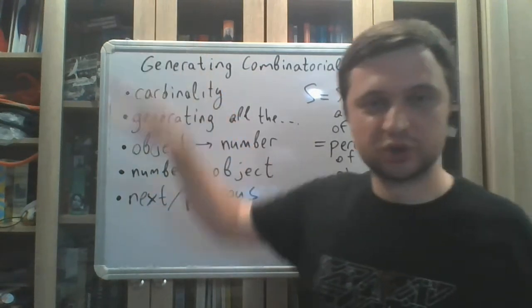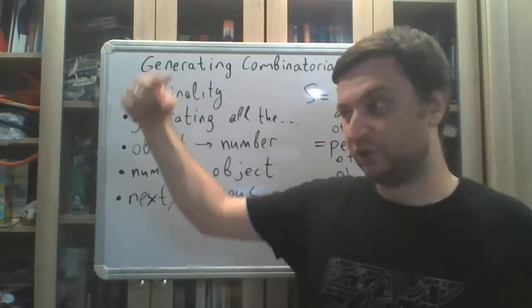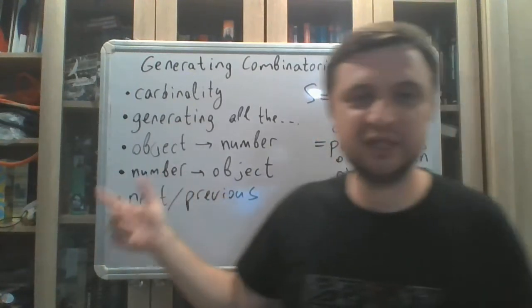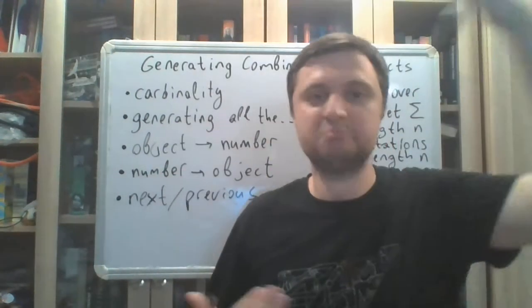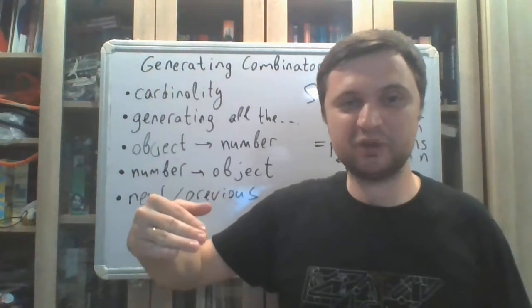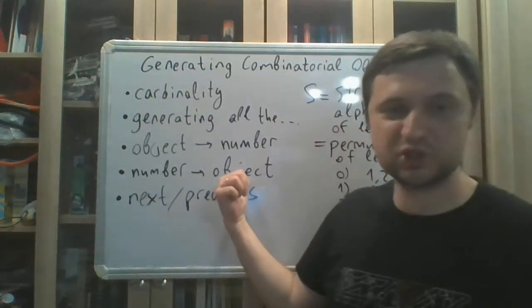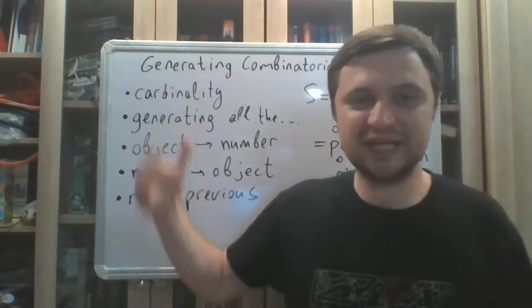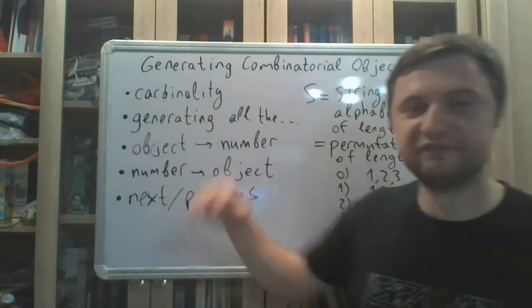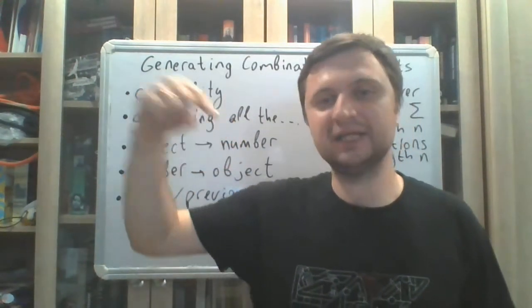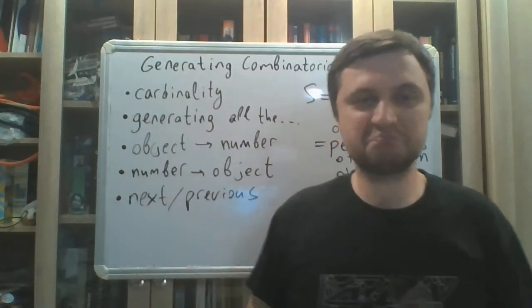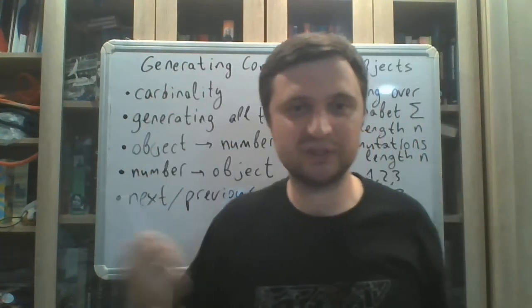You search over all your objects and then find the number of your object. Or for example, this one is even easier. You have the list of all the permutations and you just go by the specific number in this array and see the object with this number. So this is just taking the element from the list. Very easy. And when you have found your object, you can also take the next or the previous one inside this list, just the previous index or next index.